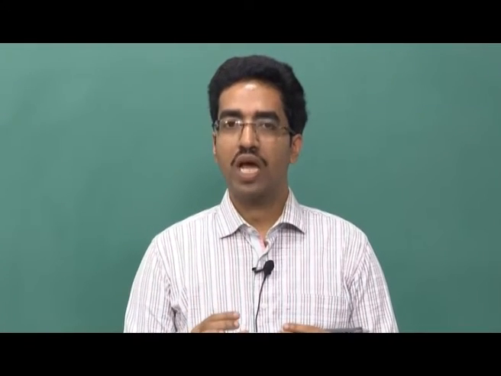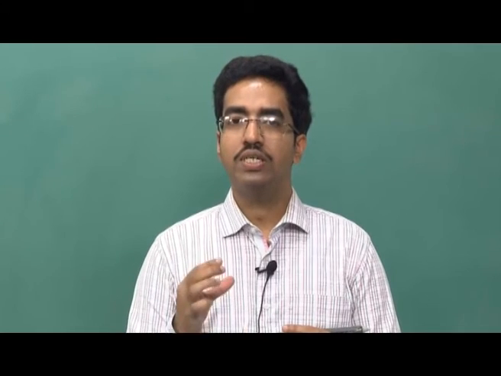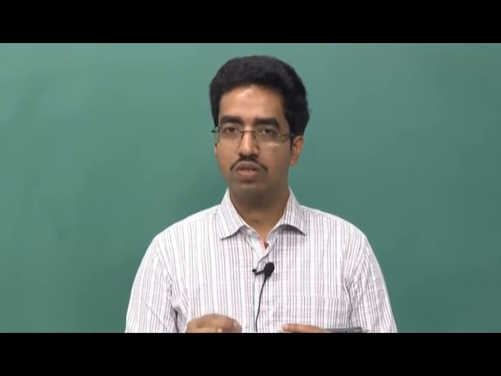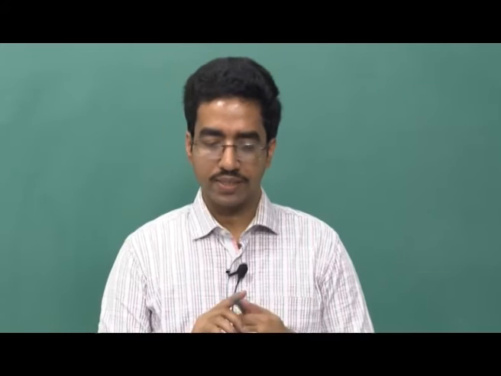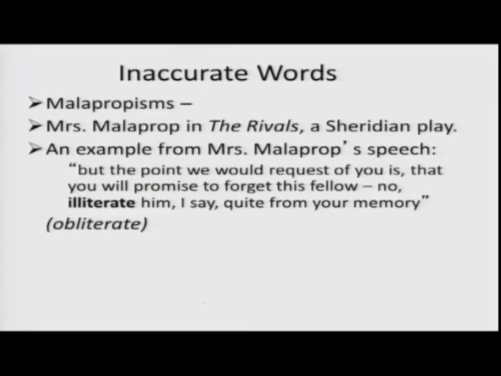This word malapropism is derived from a character in the play The Rivals. There is a character called Mrs. Malaprop. In that play, Mrs. Malaprop makes this kind of mistake. She uses words which are completely inappropriate.